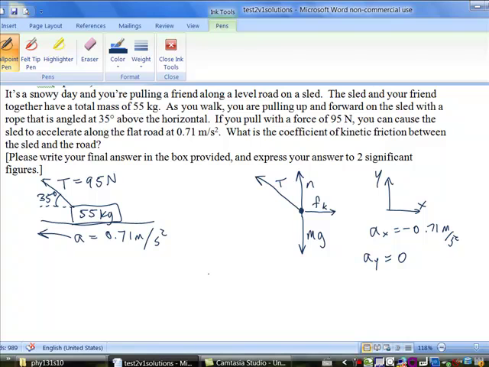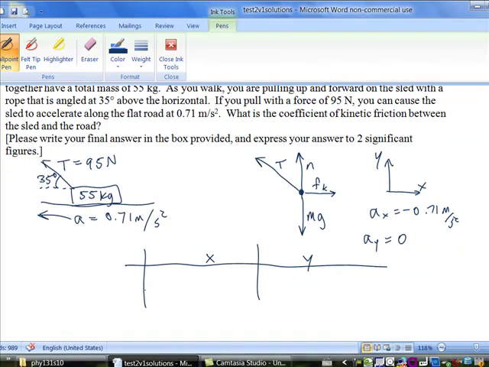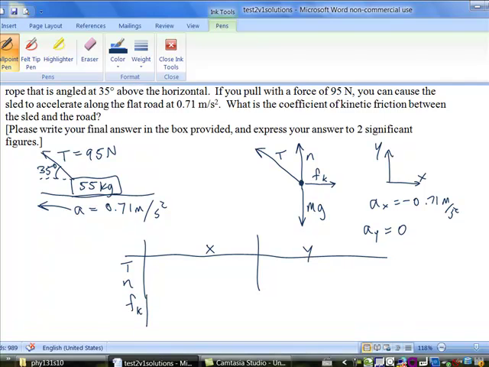So let's make a little table of our forces, as those of you who know me know I like to do. We'll go counterclockwise here. Let's start with tension, clockwise, kinetic friction, and gravity. And let's just do the x and y components.